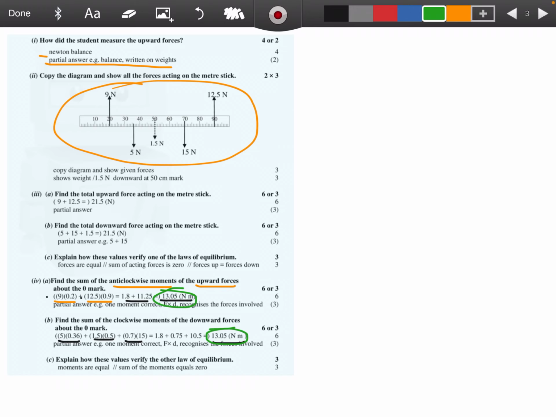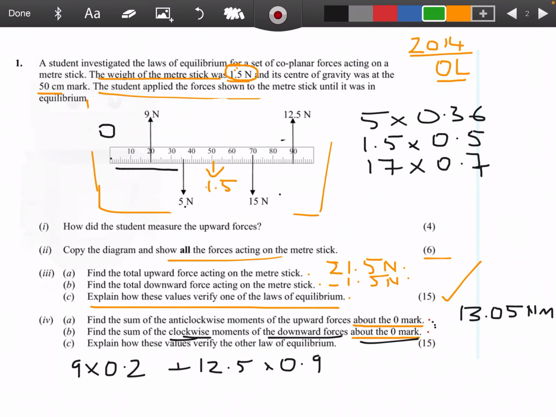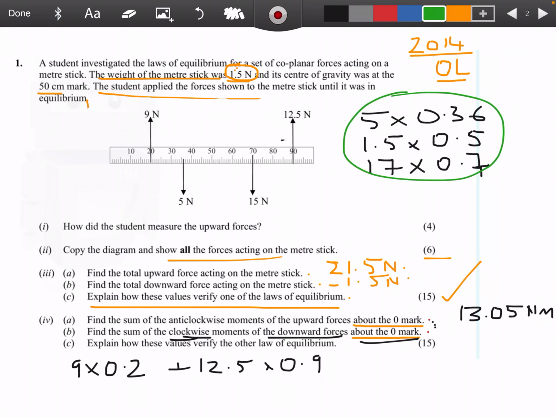Again, I'm very happy because that number and that number are equal. Now, the thing that people were getting mixed up on, I think, more so than anything else, was the idea of clockwise and anti-clockwise. So let's explain that in a bit more detail. I'm going to leave those values there just to see how those numbers relate to what we're talking about. So let's look at those clockwise ones. We are looking at clockwise moments of the downward forces about the 0 mark. So we've got the 3 clockwise moments. Imagine, about the 0 mark, they are moving in a clockwise direction.